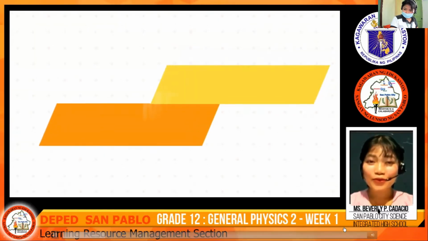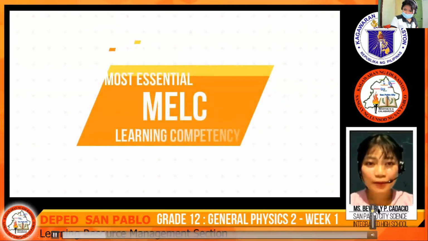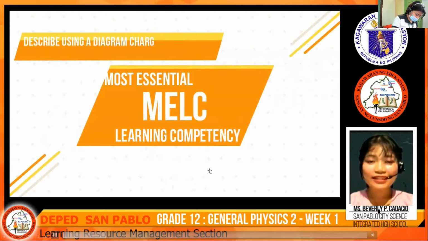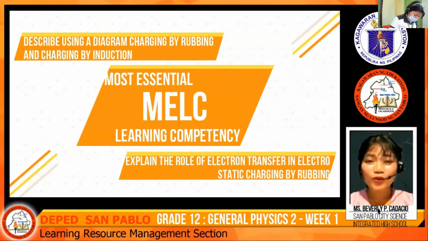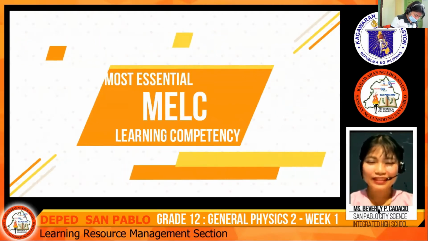Good day everyone. So today we're going to discuss electric charges and Coulomb's law. Under this, we have the most essential learning competency. Number 1, describe using a diagram charging by rubbing and charging by induction. Number 2 is to explain the role of electron transfer in electrostatic charging by rubbing.